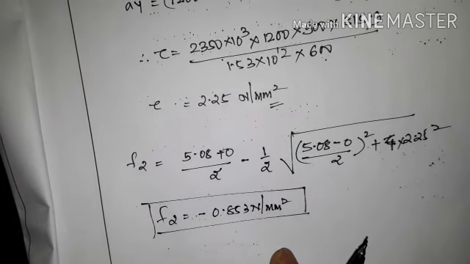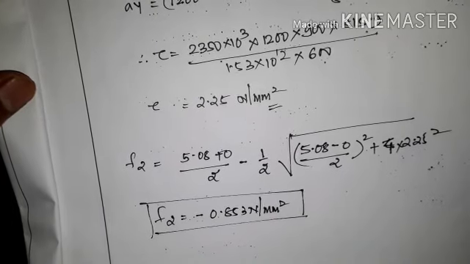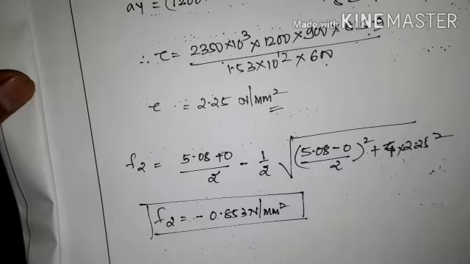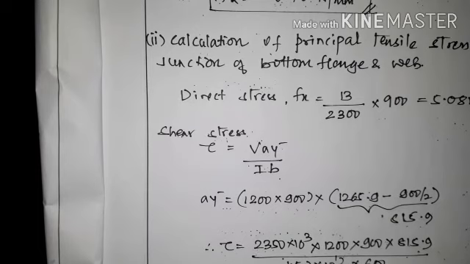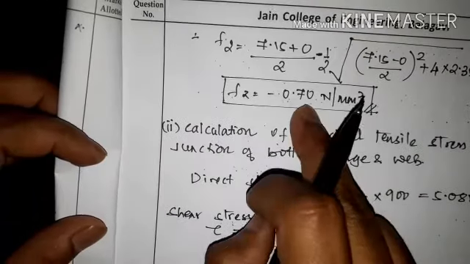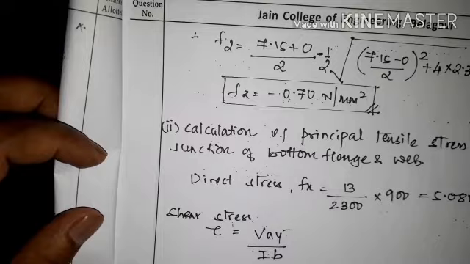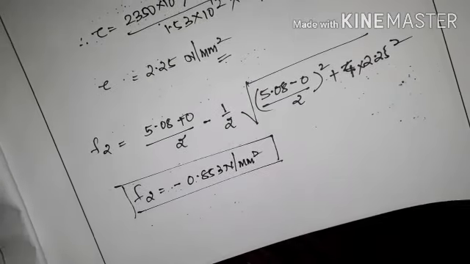So we have now calculated as per the question. The principal tensile stress at the centroidal axis is minus 0.7 Newton per mm square, and at the junction of the web and the bottom flange it is minus 0.853 Newton per mm square.